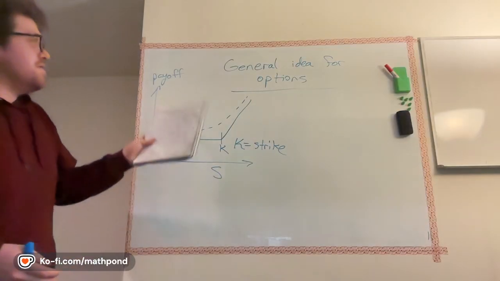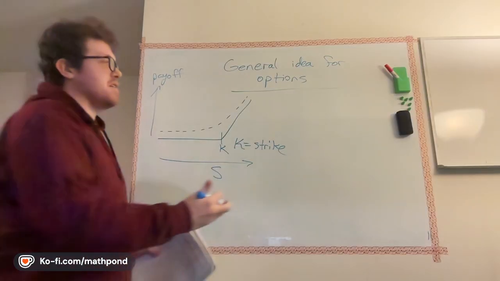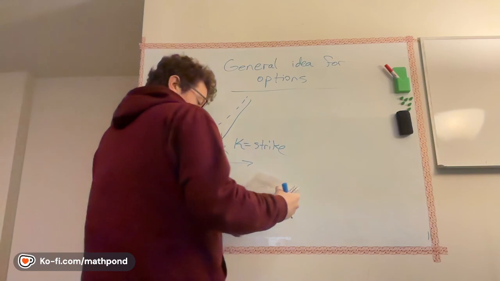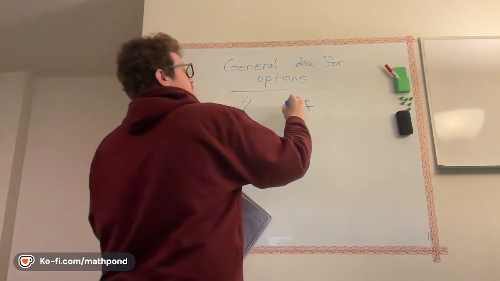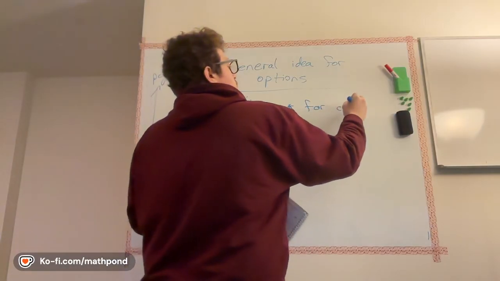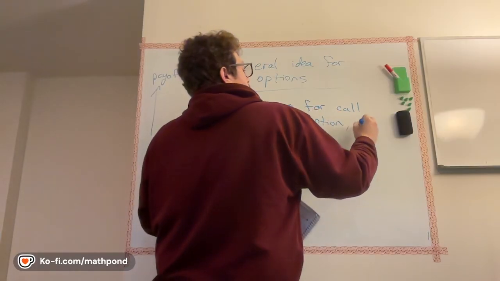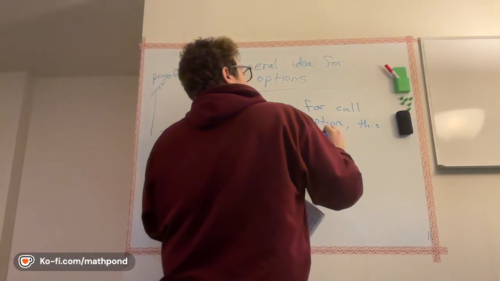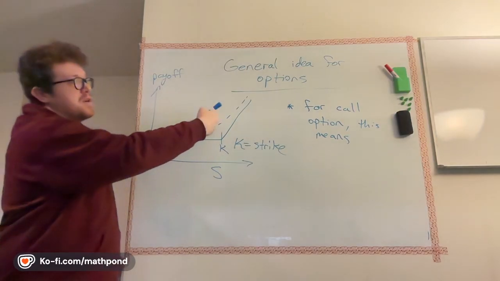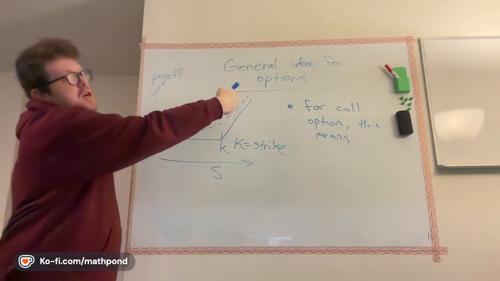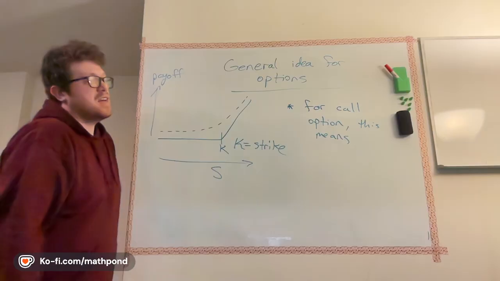So because of this convexity, what this means in practice for this multi-period model is that this Delta n, for a call option, basically means that when the stock goes up and down, we're going to be buying it as it's going up and adding on to the increase in the stock.